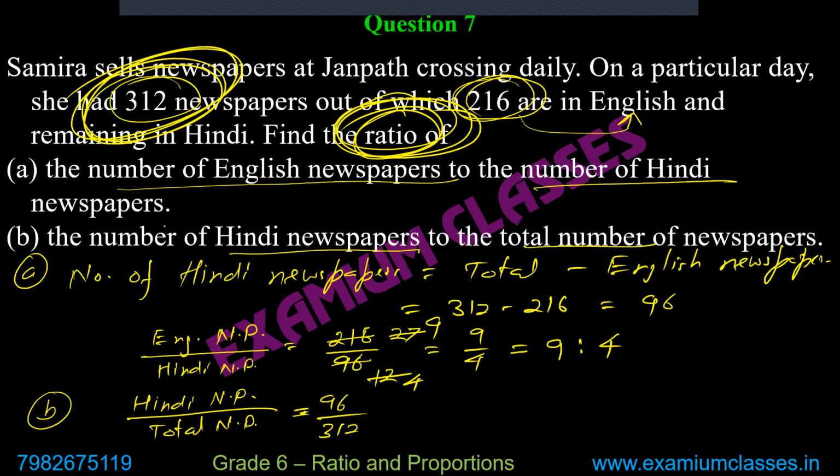Again, it will be divisible by 8. So 8 12s are 96, 8 3s are 24, and 8 9s are 72. Then again both are divisible by 3. That is 4 by 13. So the ratio will be 4:13.